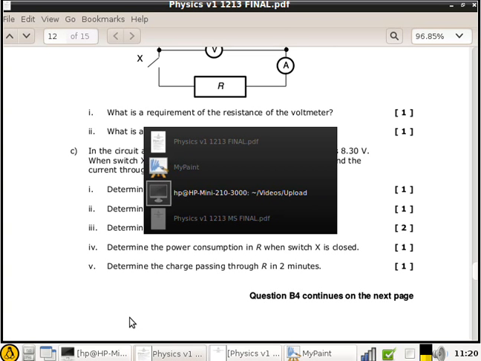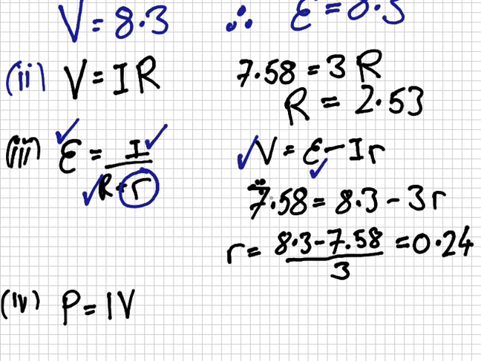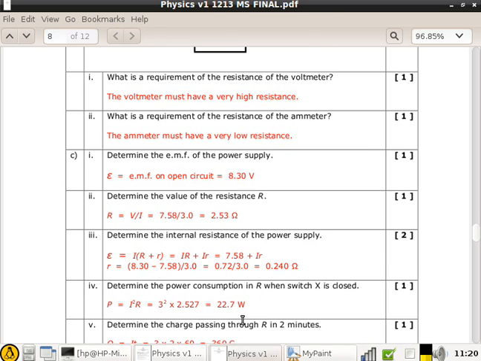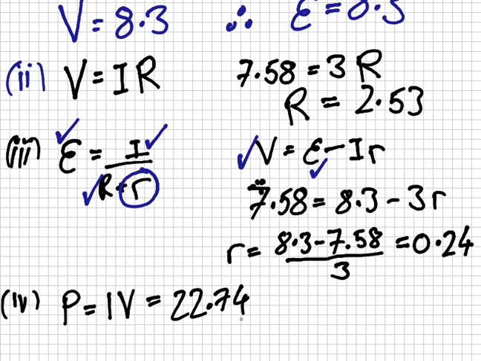So it's the voltage through R, and the I is 3 and the voltage is 7.58. When you multiply them, you get 22.7. Is that what they have as well? Yeah, 22.7. Same thing.